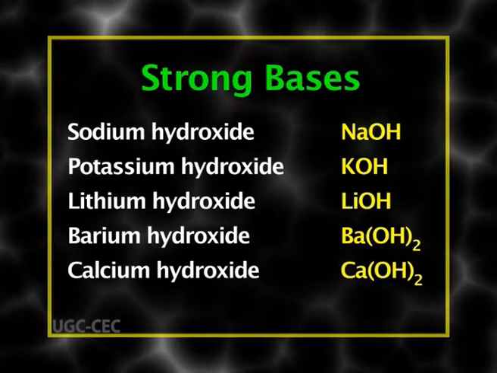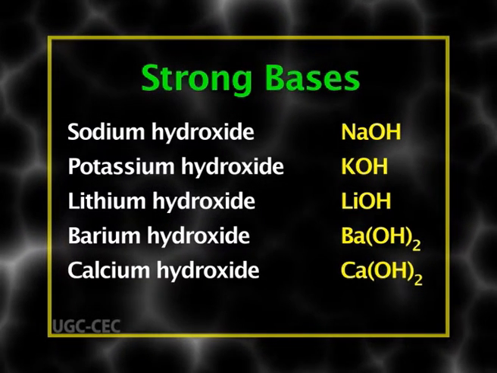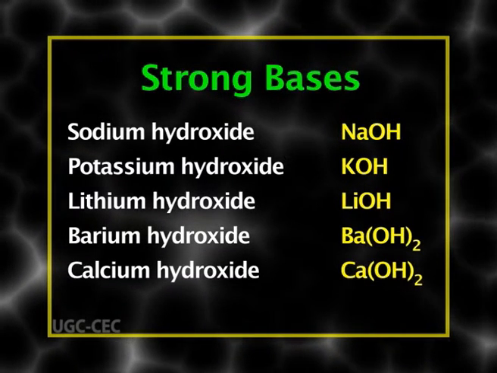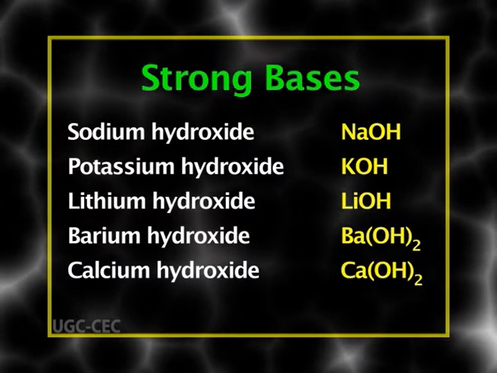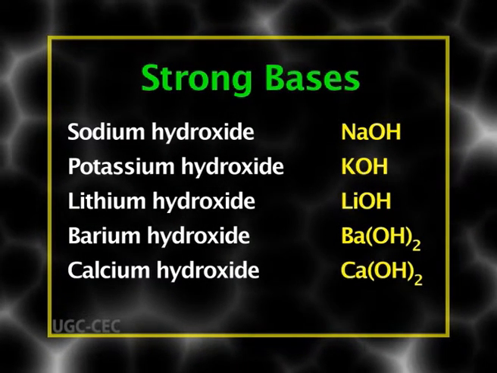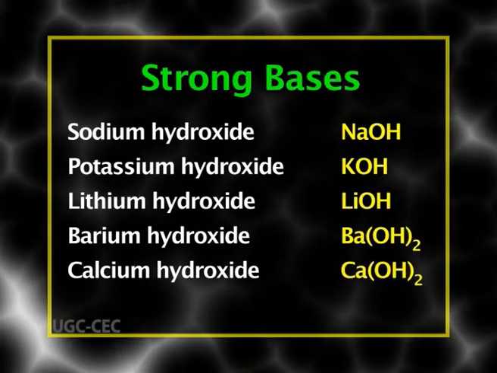Amongst the strong electrolytes, we also have strong bases such as sodium hydroxide, NaOH; potassium hydroxide, KOH; lithium hydroxide, LiOH; barium hydroxide, Ba(OH)2; and calcium hydroxide, Ca(OH)2.